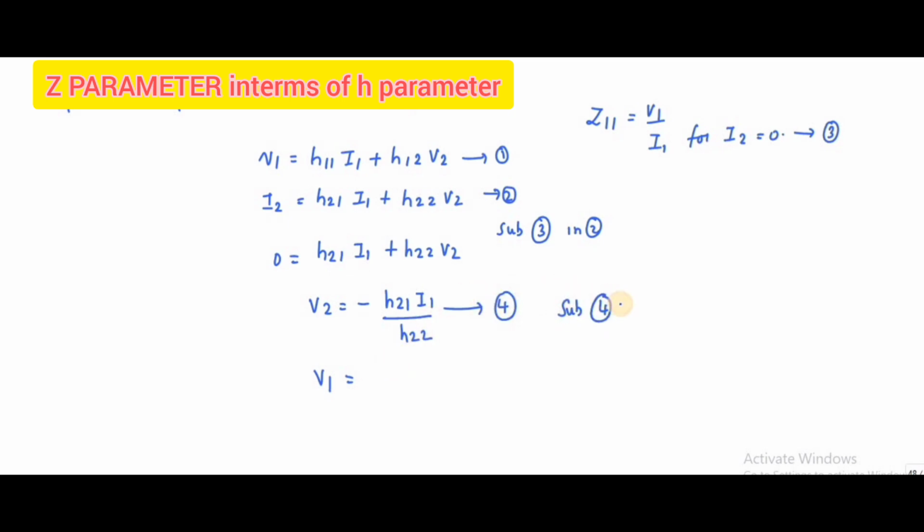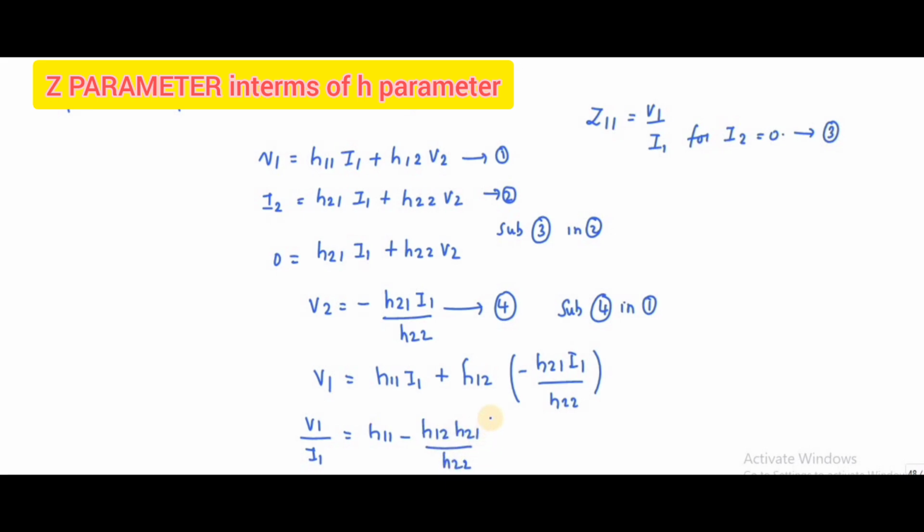So V1 is equal to H11 I1 plus H12 times minus of H21 I1 divided by H22. So this V1 by I1 is equal to H11 H22 minus H12 H21 divided by H22, right?